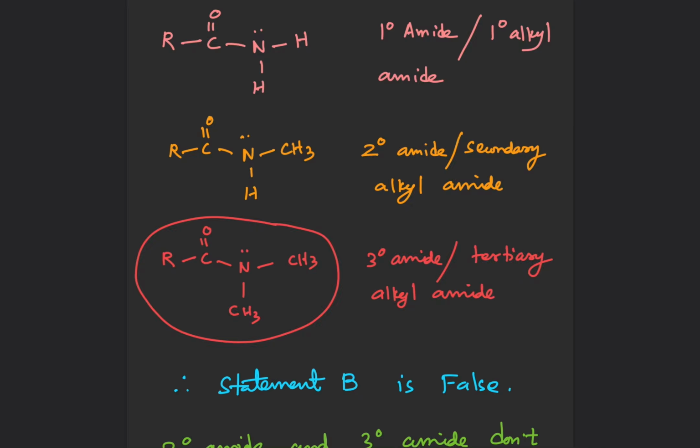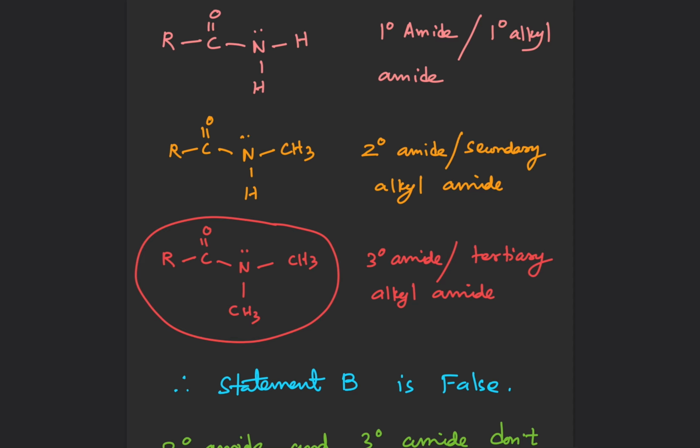And also one more thing: in secondary and tertiary amides there are bulky alkyl groups. These bulky alkyl groups block the site of attack. So this is one more reason why the reaction cannot happen. So statement D says that secondary amide on reaction with Br2 and NaOH will give secondary amide.